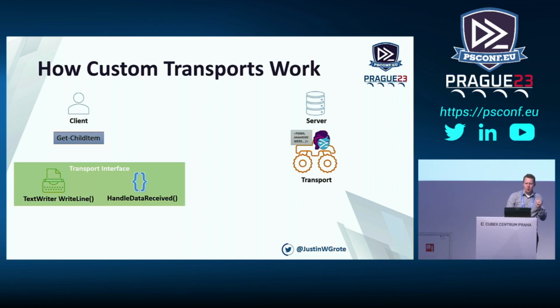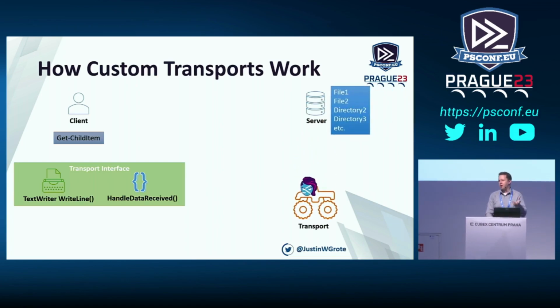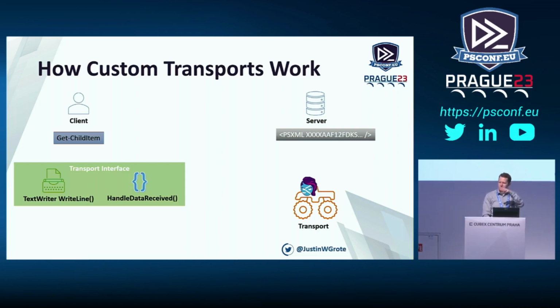So once we got that to the server, the server gets the message and does whatever it is going to do with it. In this case, we're a PowerShell process. We did a get child item, and I'm returning the list of files that I asked for. That then gets converted back into a PS1 XML with the response, same thing that was done before, loaded up into the transport.